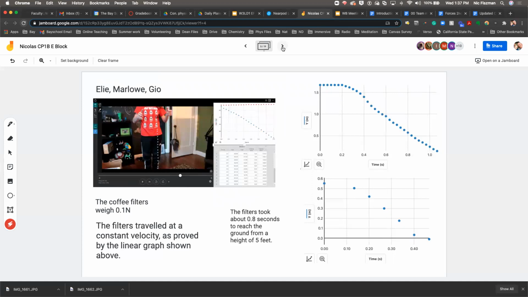Somebody comment on that sentence, the filters travel at a constant velocity as proved by the linear graph shown above. Can we refine that statement based on all the conversations we've had on the previous rooms?